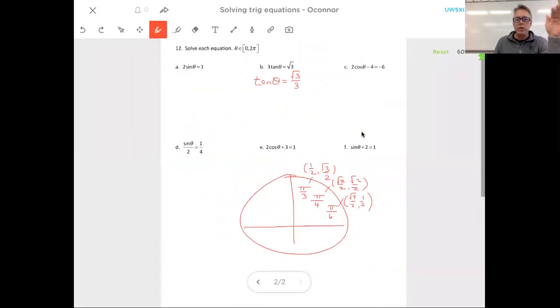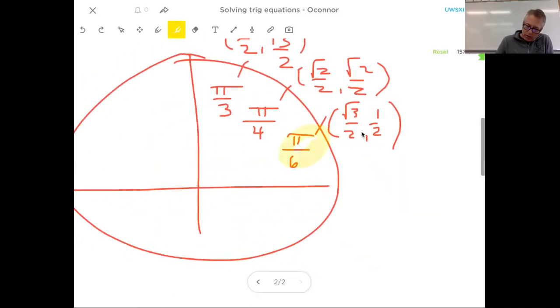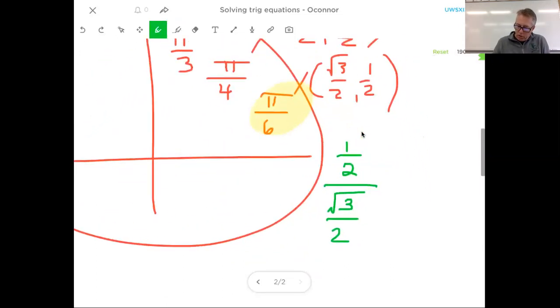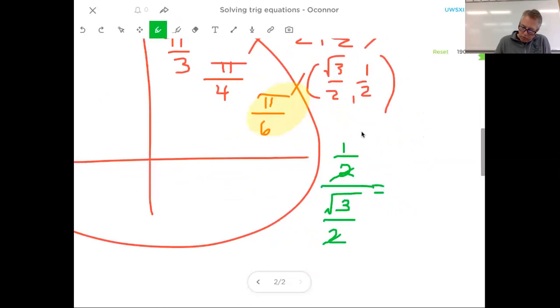Well, remember, the tangent is sine over cosine. So it actually is root 3 over 3 right here, and I'll show you why. Because at pi over 6, the sine is 1/2, and the cosine is root 3 over 2. So when I do sine over cosine, 1/2 over root 3 over 2 is 1 over root 3.